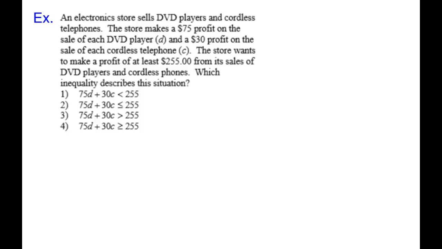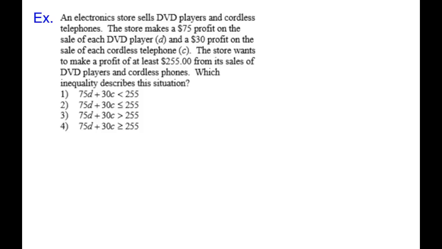So if you look at our choices 1 through 4, all of them are arranged the same way. The only difference or change is the inequality symbol. So you have to determine which inequality symbol best models or represents this situation. And the key part is the store wants to make a profit of at least $255.